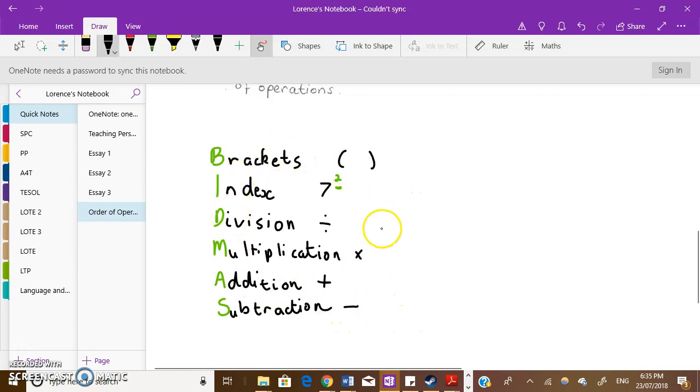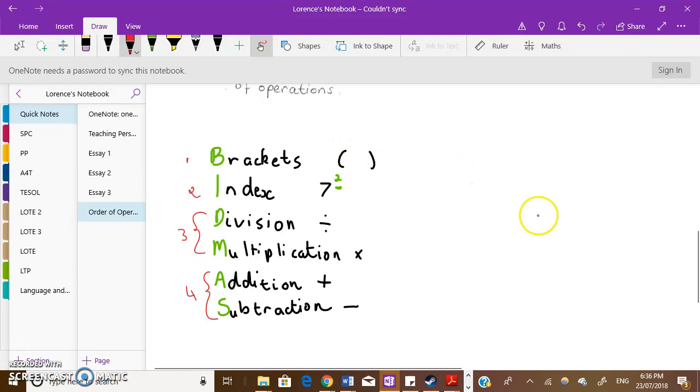This is the rule one must follow in order to make sure that we are getting the correct answer in mathematics all the time. So the brackets are always first, the index second. These two are at the same level, so number 3, and then addition, subtraction are also at the same level as well.